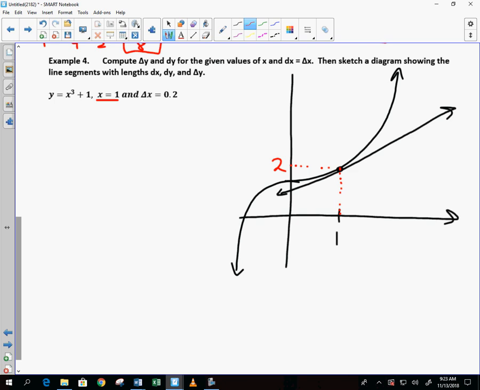What's my change? 0.2. So I'll be over to 1.2. Now I know this doesn't match up in terms of scale, but I'm drawing it to help us understand and see it better. So I'm going to put 1.2 over here. So that means that this dx, which is the same thing as delta x, is equal to 0.2. That's how far I'm going to the right.